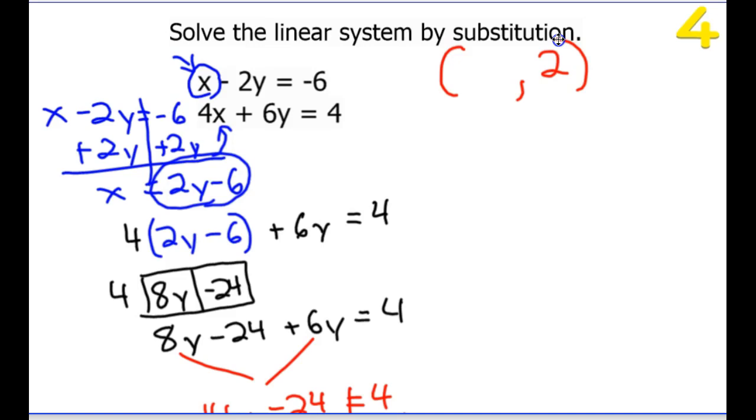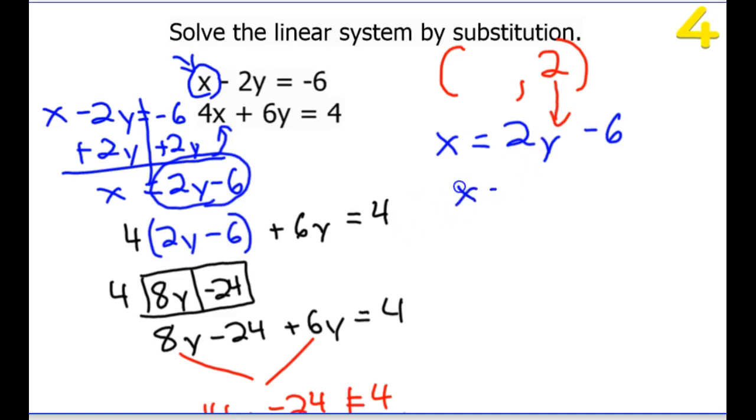So now all we need to do is replace our 2 in for our y. So use the equation that we already found. We already found that x equals 2y minus 6. This one already has the x by itself, so it saves you a step. So we're going to take this 2 and we're replacing it with a y.